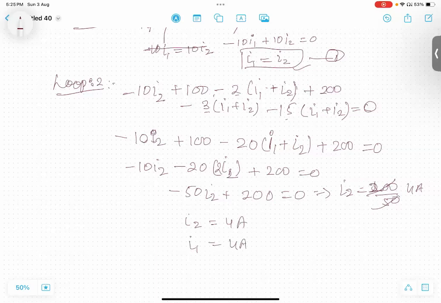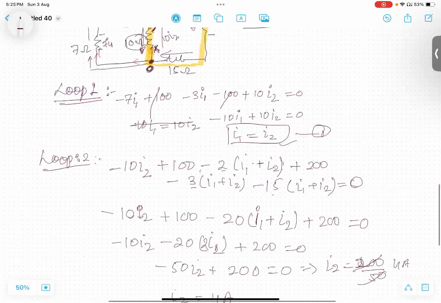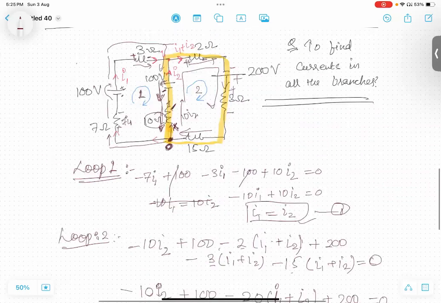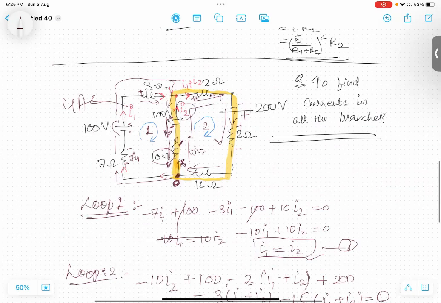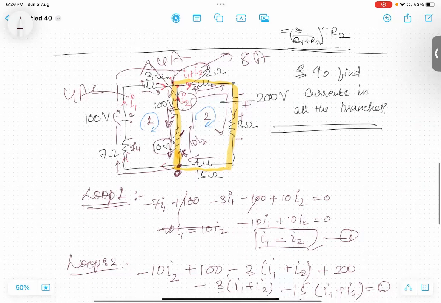The current in the branch I1 is 4 ampere, I2 is also 4 ampere, and I1 plus I2 is 8 ampere. Since we know the current in all the branches, we know the power dissipated by all the resistors and the power provided by all the batteries.